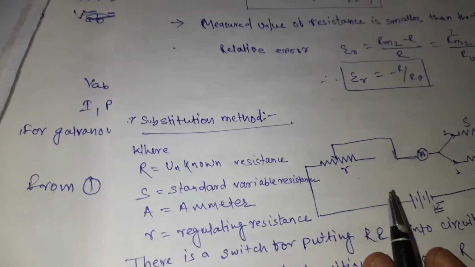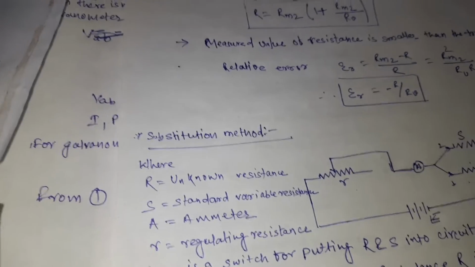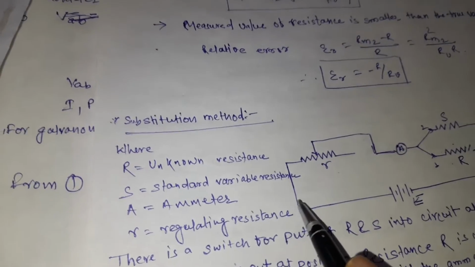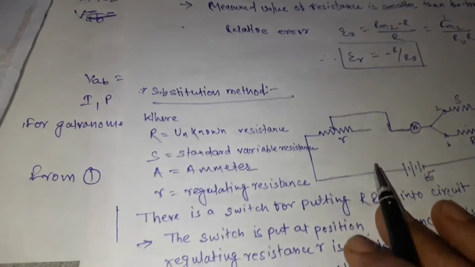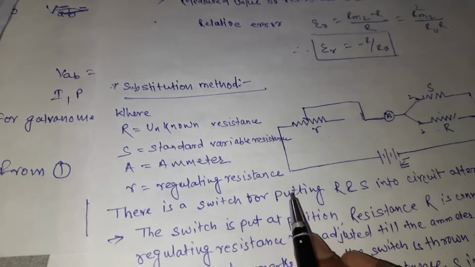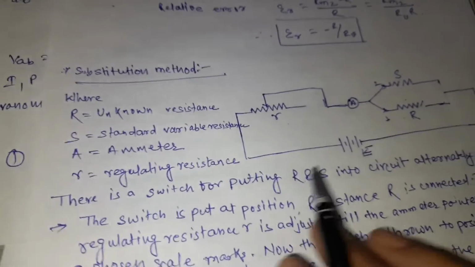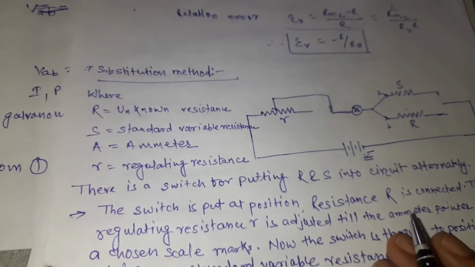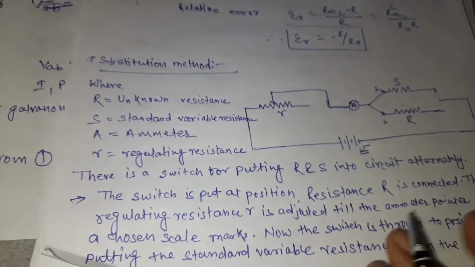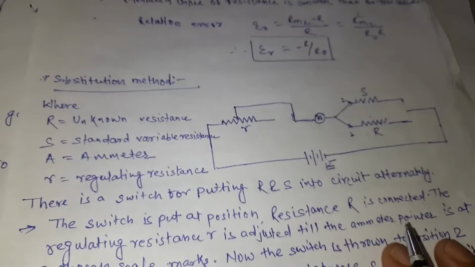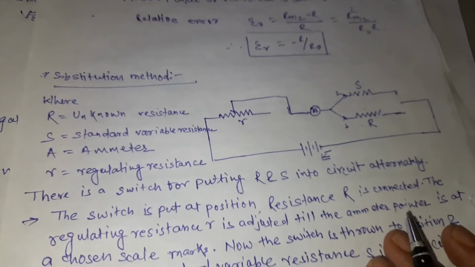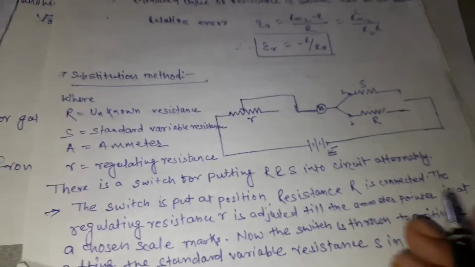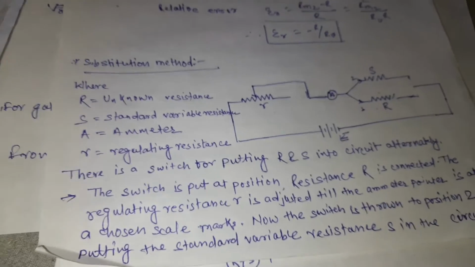Suppose R is the unknown resistance that you have to measure using the substitution method, S is the standard resistance arm, A is the ammeter, and r is a regulating resistance. There is a switch for putting R and S into the circuit alternately. When the switch is put at the position where R is connected, the regulating resistance r is adjusted till the ammeter is at a chosen scale mark.